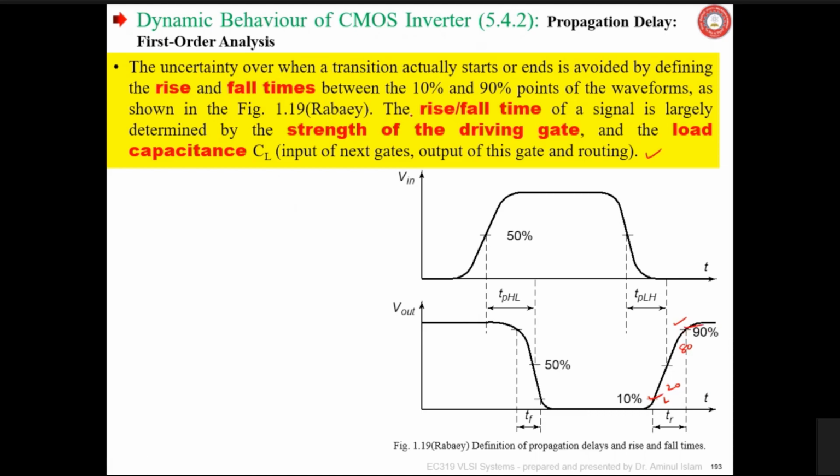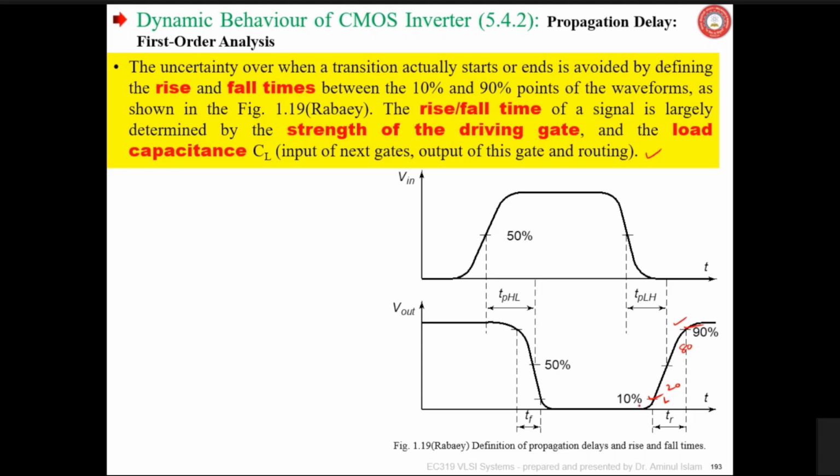The rise or fall time of a signal is largely determined by the strength of the driving gate and the load capacitance. Driving gate means from where the input signal is coming, and the load capacitance, its value. What are the various components of CL?